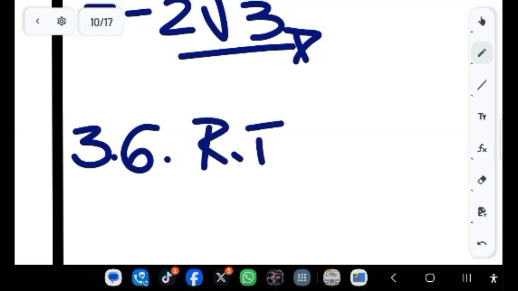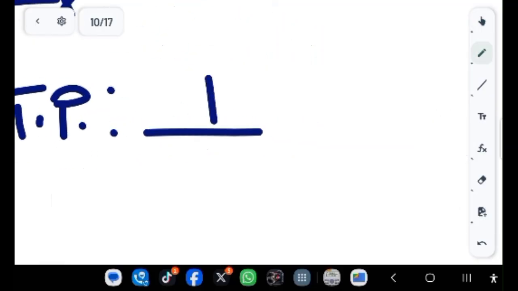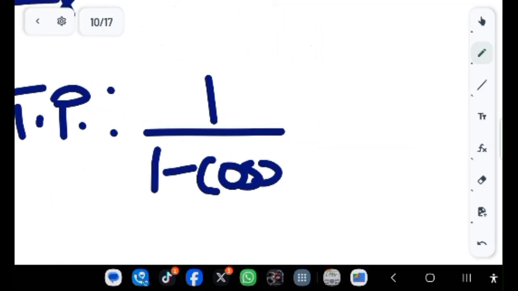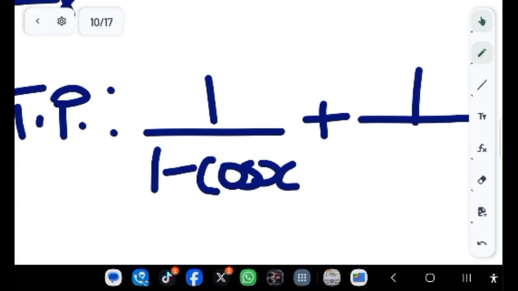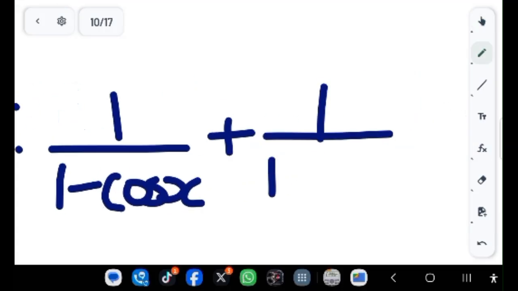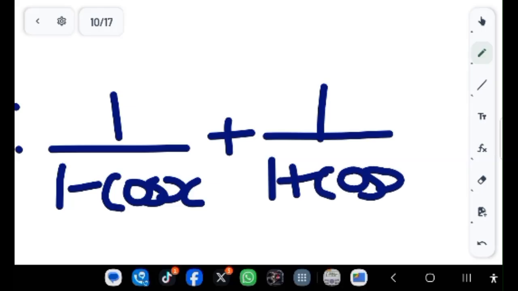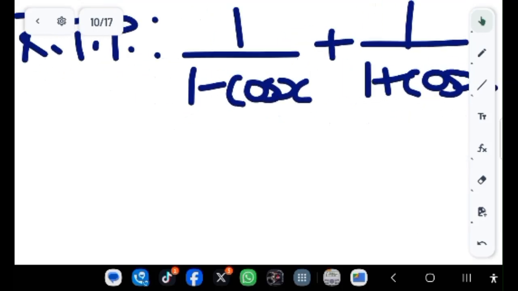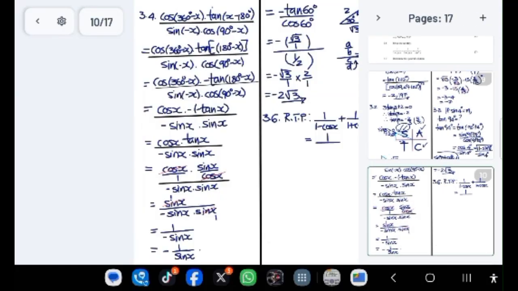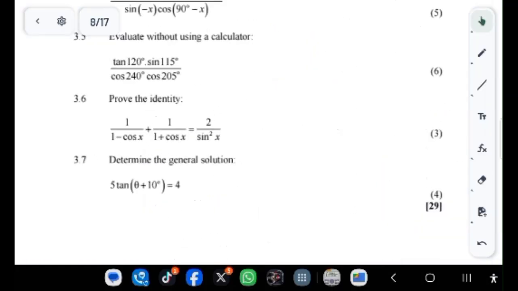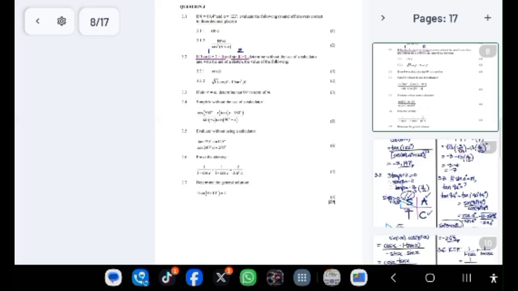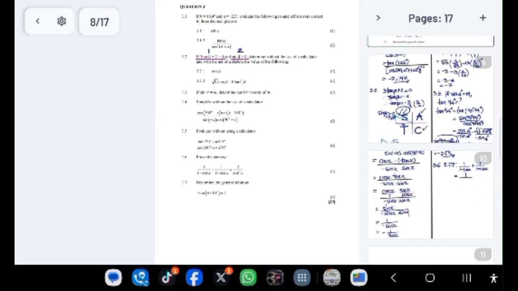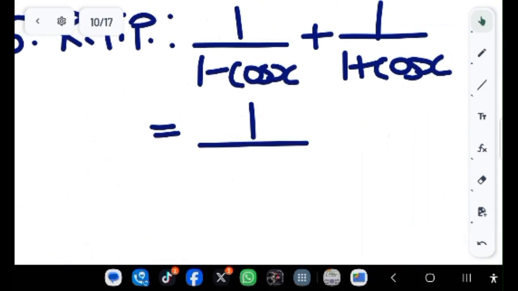Required to prove that 1 over 1 minus cos of x plus 1 over 1 plus cos of x equals 2 over sine squared x.